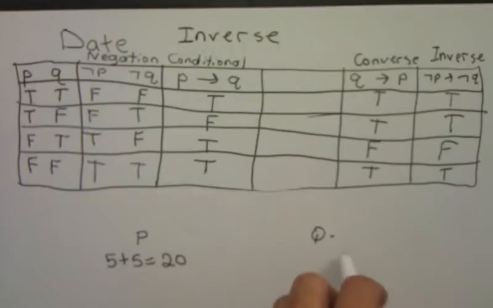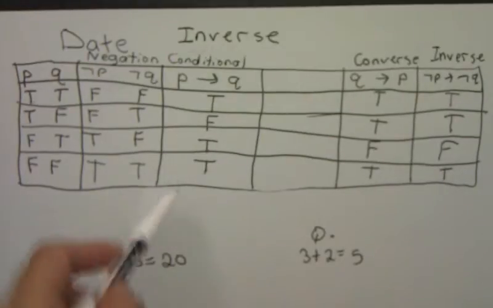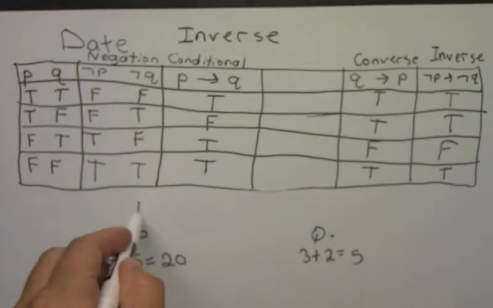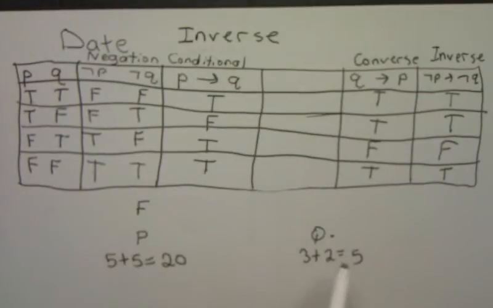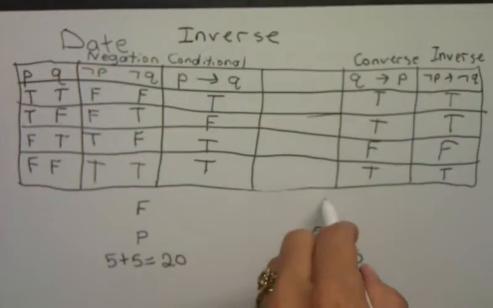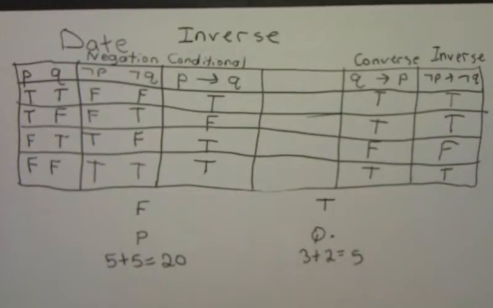Then 3 plus 2 equals 5. Okay, well, let's look at it. Does 5 plus 5 equal 20? No. So P is false. Does 3 plus 2 equal 5? Yes, it does. So this is true.